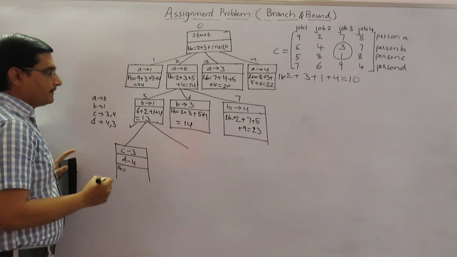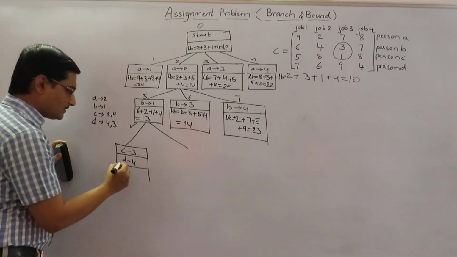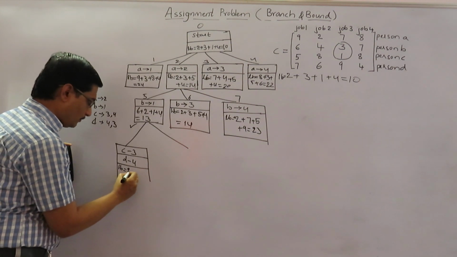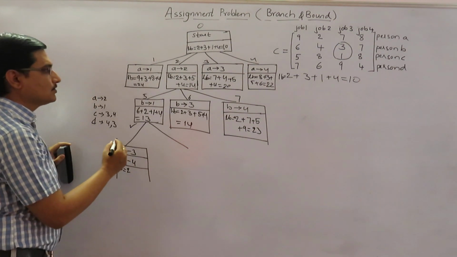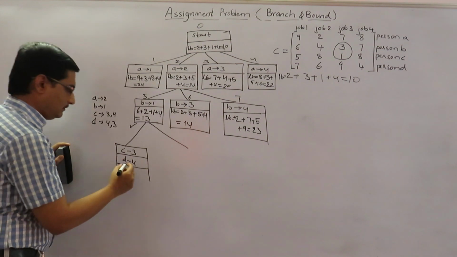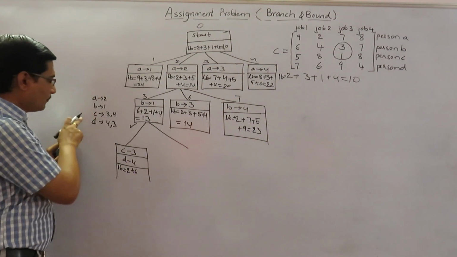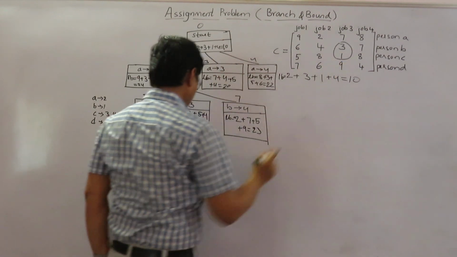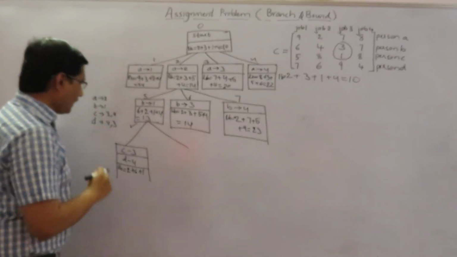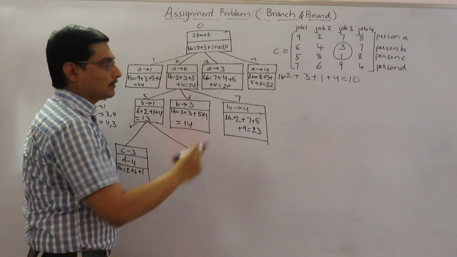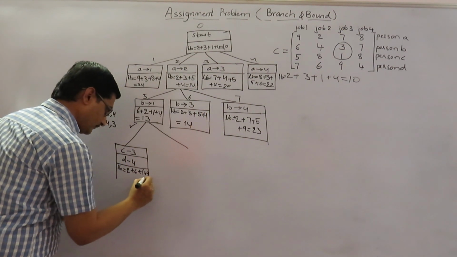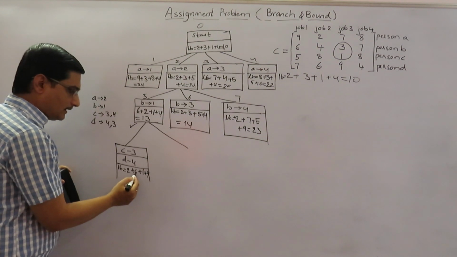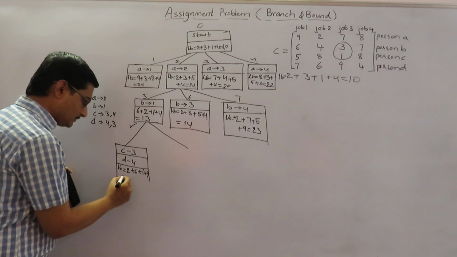Lower bound will be, person A has taken job number 2 and person B has taken job number 1, and we are assigning third job to person C, that cost is 1, and fourth job to person D, that cost is 4. So which will give us 4 plus 1 is 5, 5 plus 6 is 11, 11 plus 2 is 13.